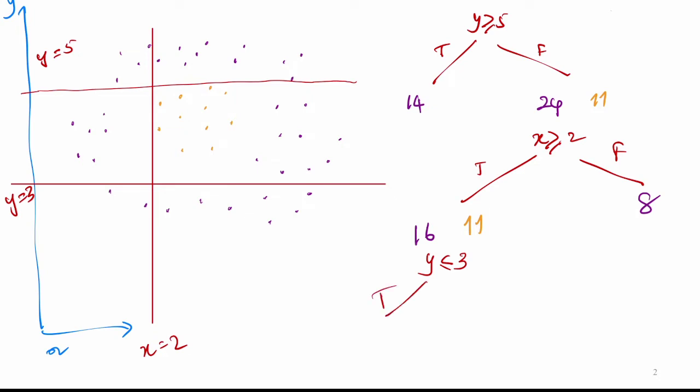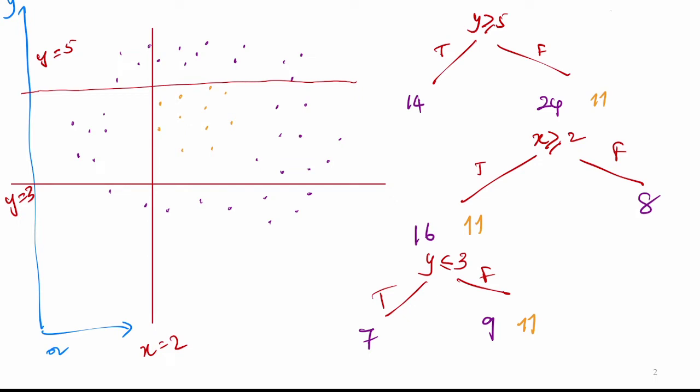On the true side we have 1 2 3 4 5 6 7, we have 7 purples, and on the false side what's left should be 9 purples and 11 oranges.